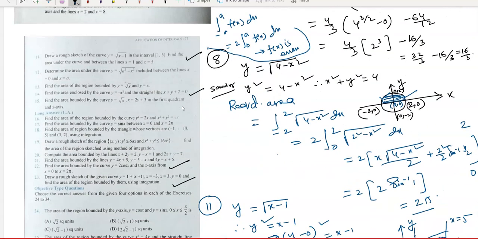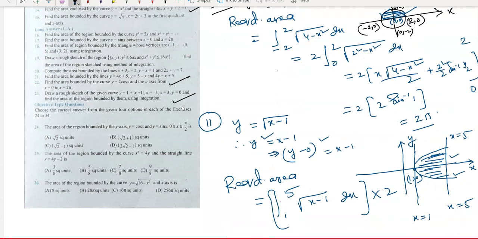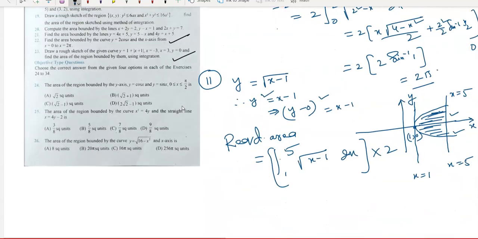Now let us do this sum where y equal to minus x square is there and x plus y plus 2 is there.